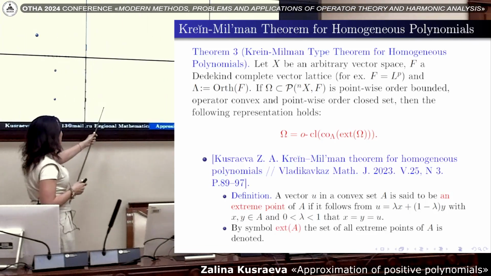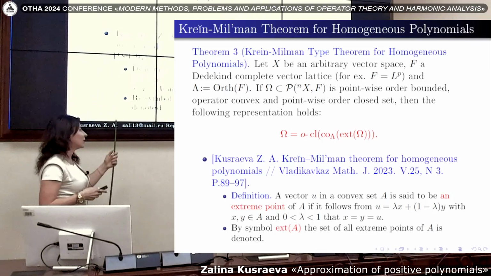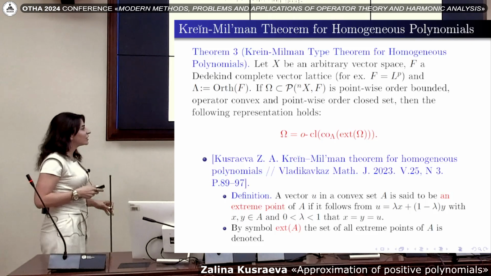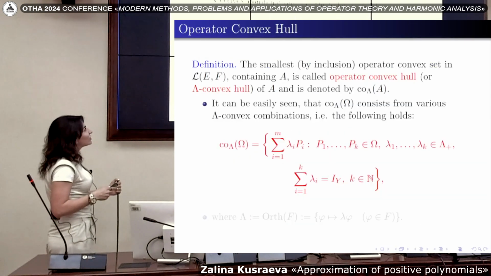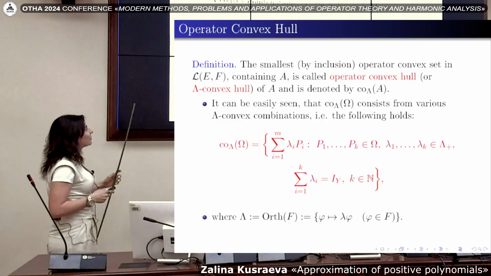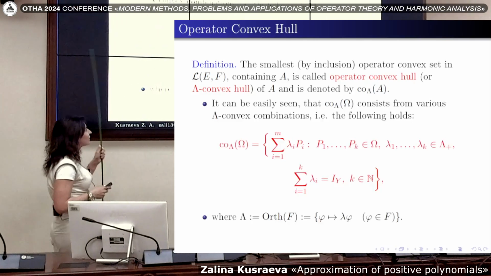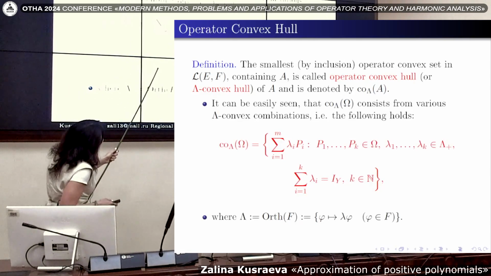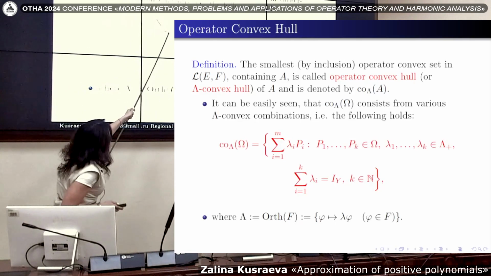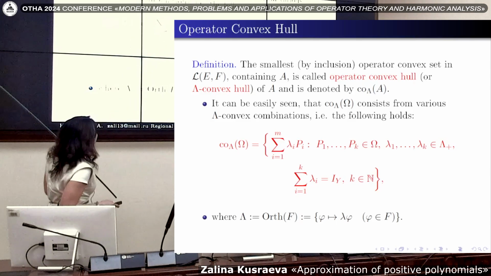As you all already understood, this symbol is used to denote the set of extreme points. And I will skip the definition of operator convex hull. It is just the same as the convex hull, with only one difference, that here, instead of reals, we use multiplication operators.